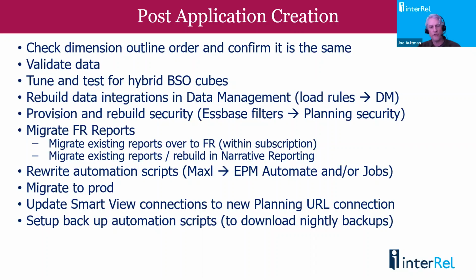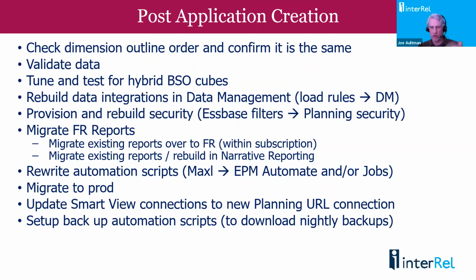And then you've got migrating from your tested production environment, rerouting how your SmartView connects to it, and the way that you back up from the cloud is kind of completely different from how you back up in on-prem Essbase. So you're going to set up snapshots, which happen automatically.